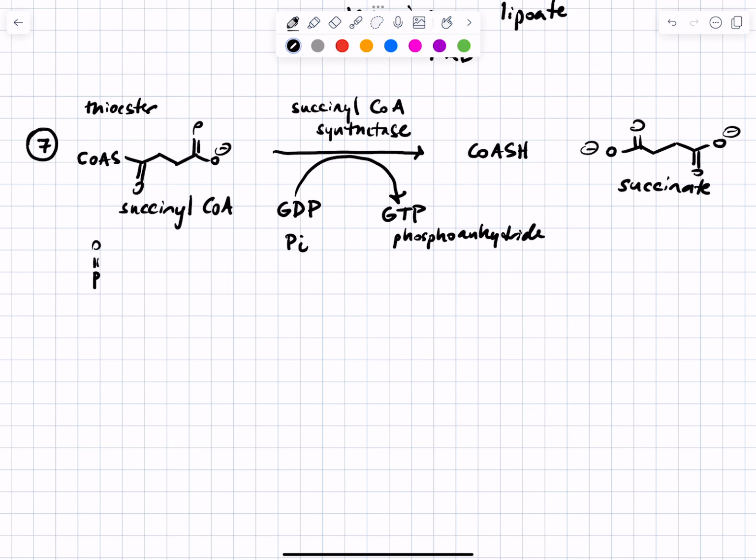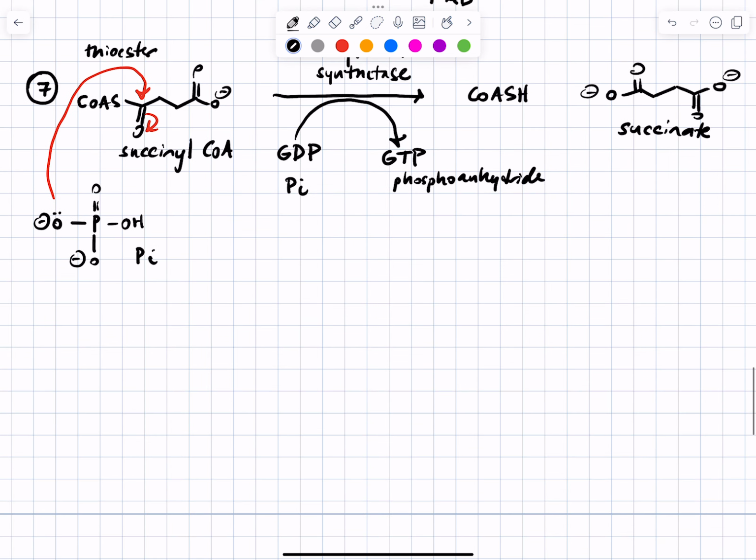So we'll take a molecule of inorganic phosphate, or Pi. Lone pair electrons on the phosphorus will attack the carbonyl carbon. We'll get a tetrahedral intermediate. I'm going to assume that you can draw that tetrahedral intermediate and then draw the products that come from that. That's simply a nucleophilic acyl substitution reaction.